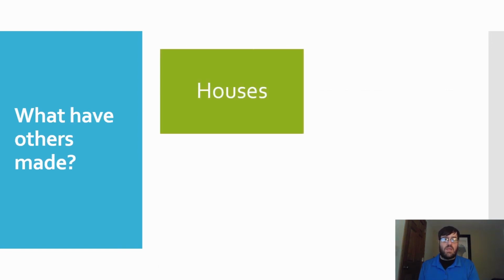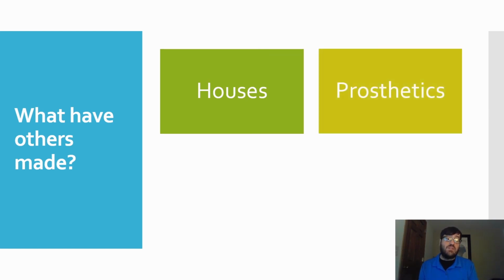So what have others made? Houses. There's a video online where a 3D printer was used to control the flow of concrete and help build houses very quickly by pouring concrete into already walled structures. It's really interesting. Prosthetics. This is really popular, especially for very young children who may need a prosthetic.